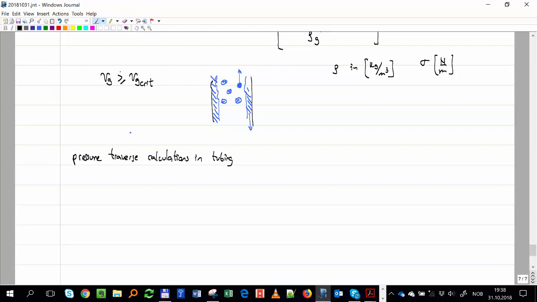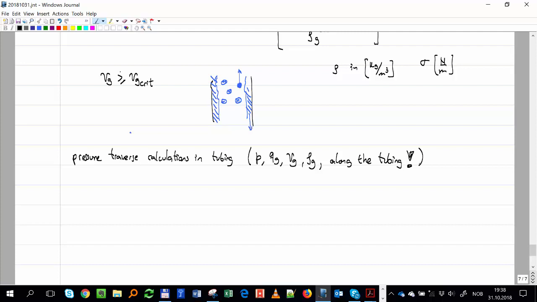Okay, for all kinds of reasons. We are interested to see what happens with pressure, rate, velocity, maybe properties, density along the tubing. Okay, and that I call pressure traverse.